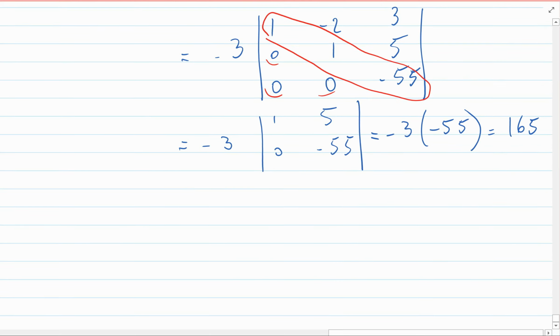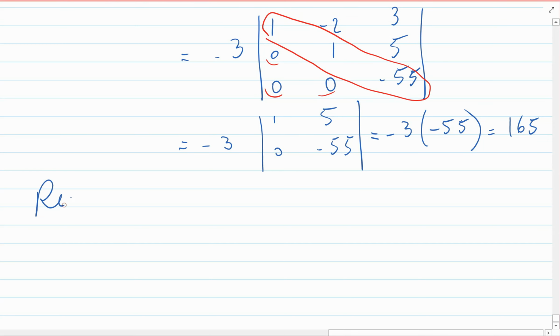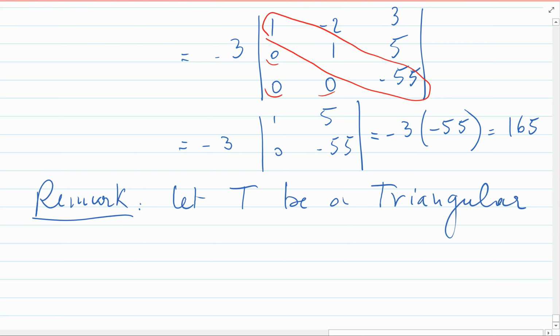So here, remark: because the transpose of an upper triangular is lower triangular and vice versa, let T be a triangular matrix, T equals Tij, so the components are Tij.